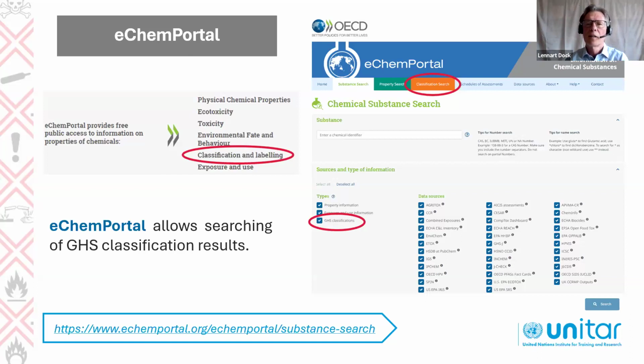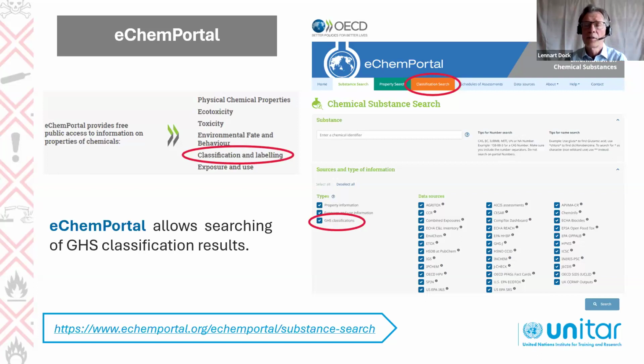I would specifically point to the ECHA, the European Chemicals Agency's classification and labeling inventory, because that's the most extensive database on classifications. Lisa also mentioned the harmonized classification, the EU-wide legally binding classification of over 4,500 chemicals within the EU, and also in the UK.